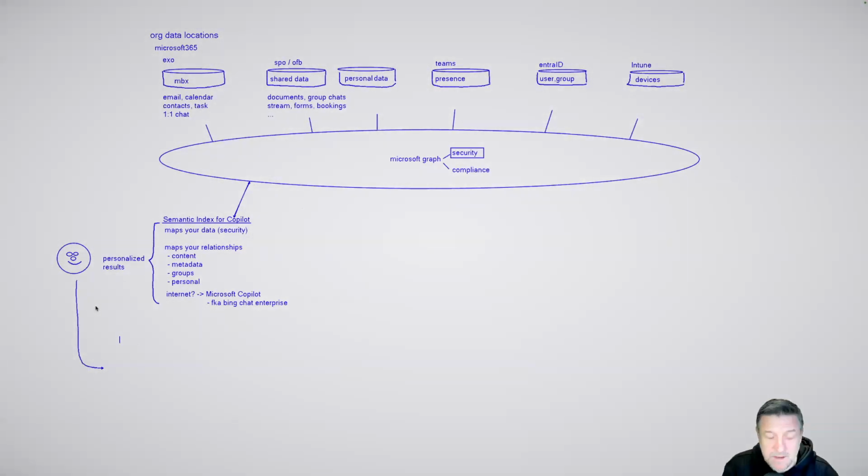For example, your Office client applications will give us access to Copilot. You could be thinking about Outlook, Teams. We have other things to work together.